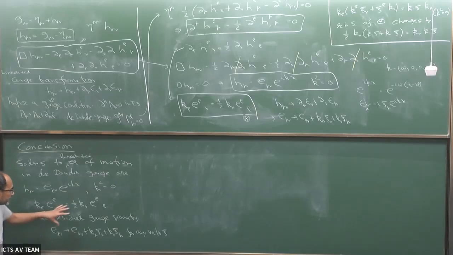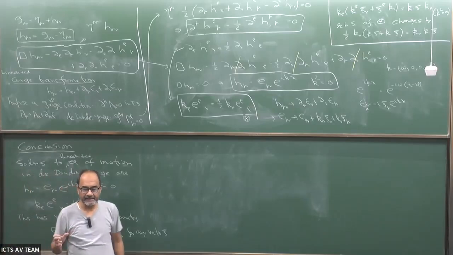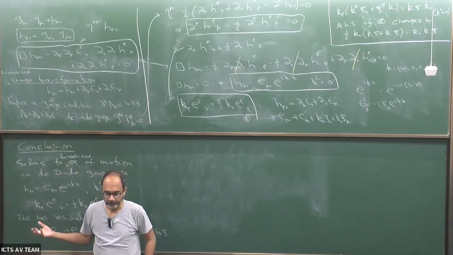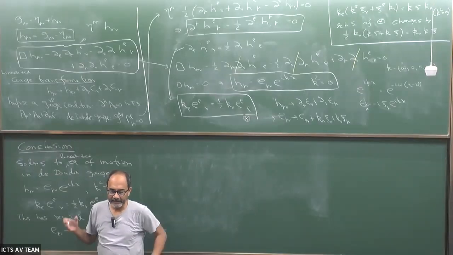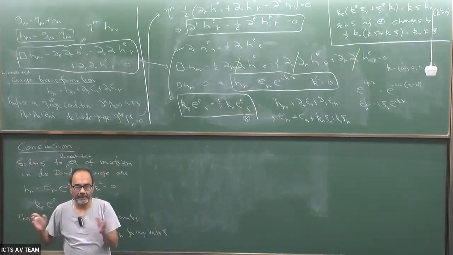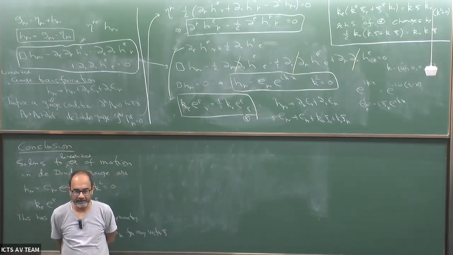But the point is that this by itself is not significant because this depends on the choice of gauge. Just like in electromagnetism, in Lorentz gauge and Coulomb gauge, unless you use the residual gauge condition, the initial conditions that you get in Lorentz gauge and Coulomb gauge are different. Only after you impose a residual gauge condition do you see that they have the same content. The same thing is true here.